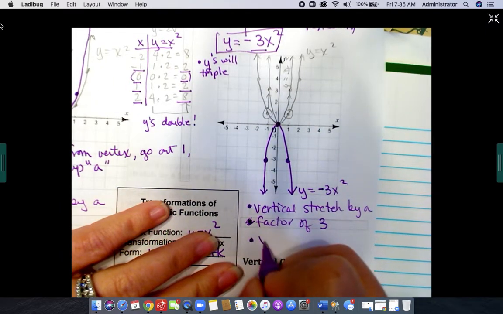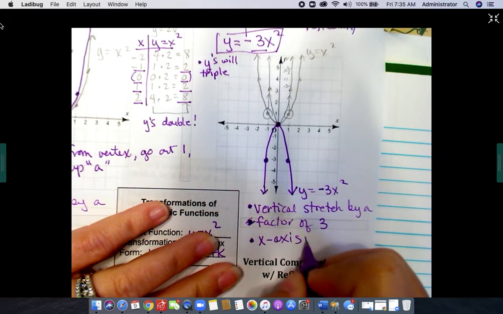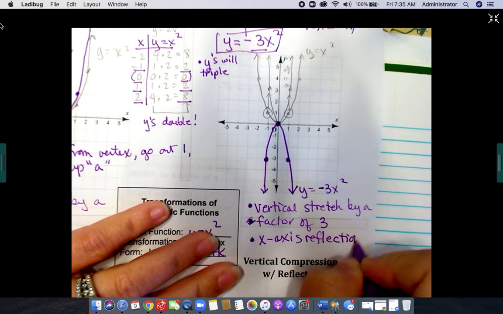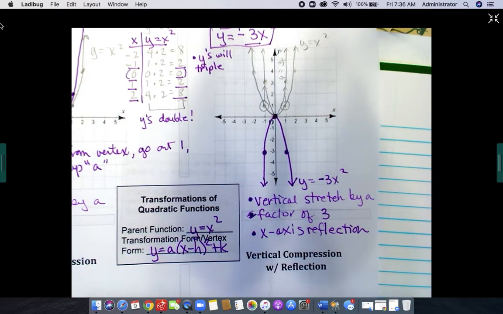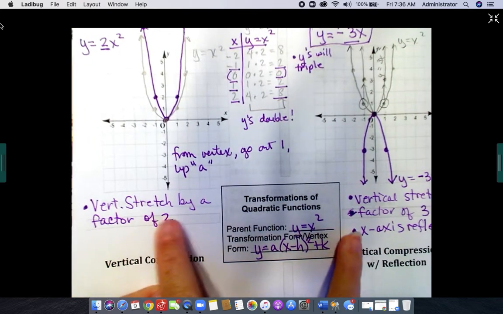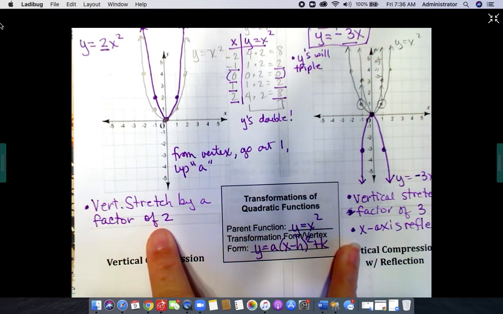But then we also did an x-axis reflection. Remember, you can use your choice of phrases like I shared with you in the other video. You can say vertical reflection, reflected over the x-axis, or x-axis reflection. So these are your actual transformations. If I say list your transformations, this is what I'm talking about. Make a bulleted list of what happens.